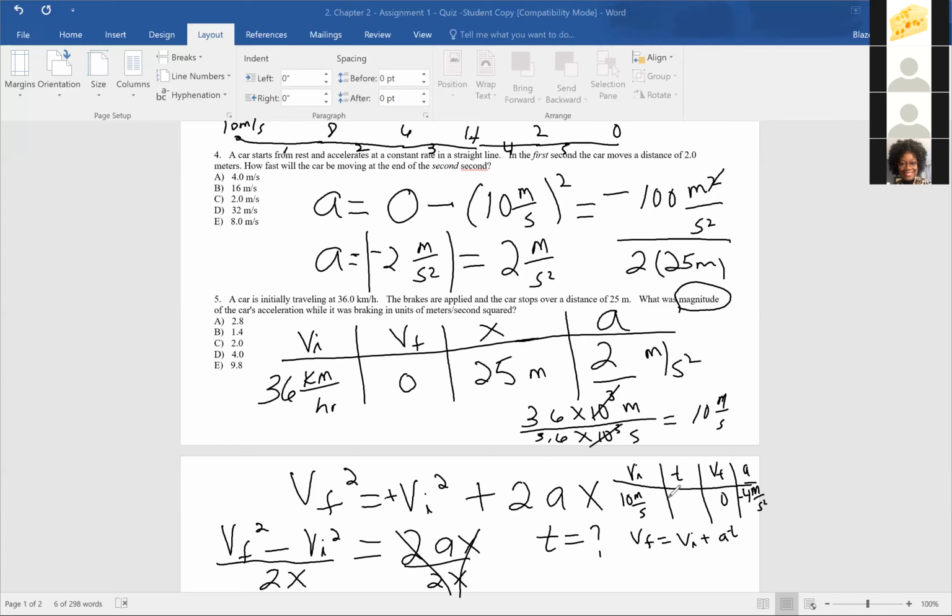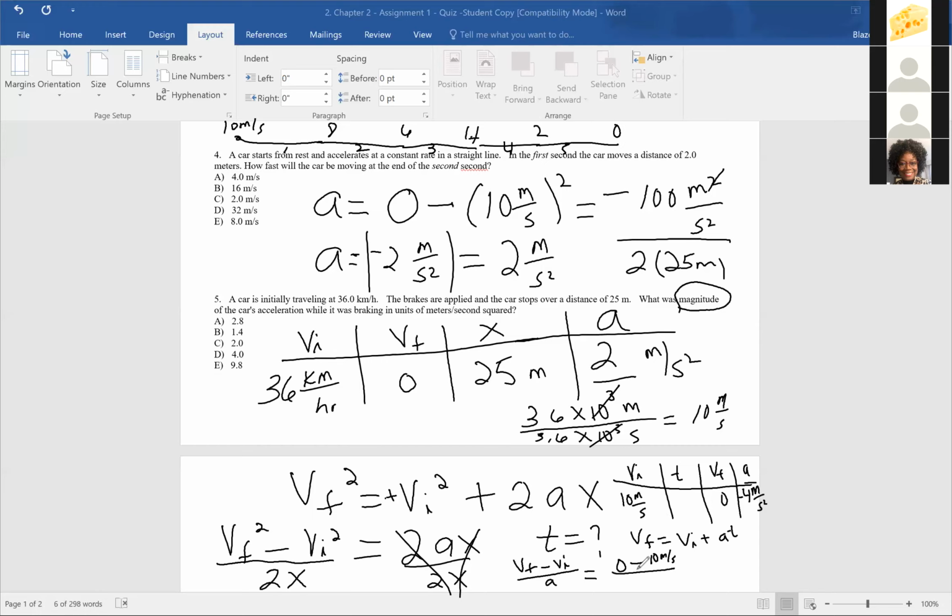I'm looking for T. So that means I have V final minus V initial over A. V final is 0. 0 minus V initial is 10 meters per second.